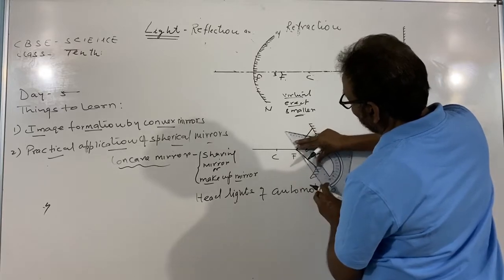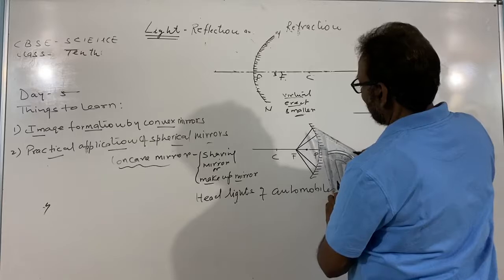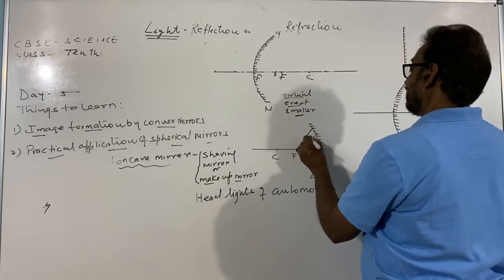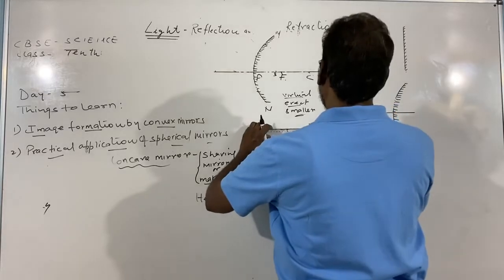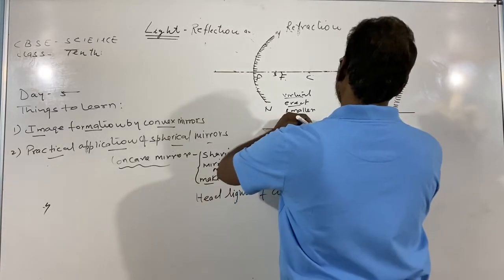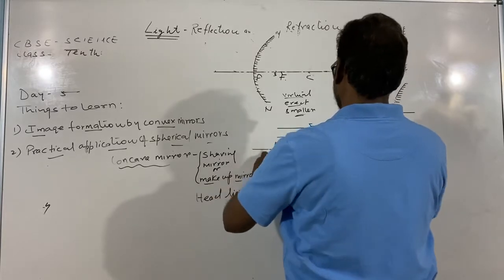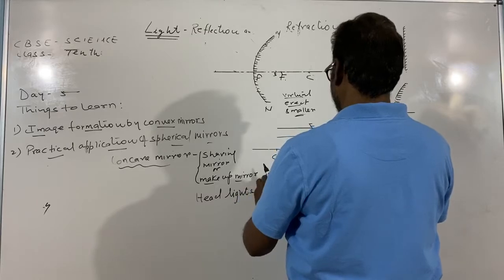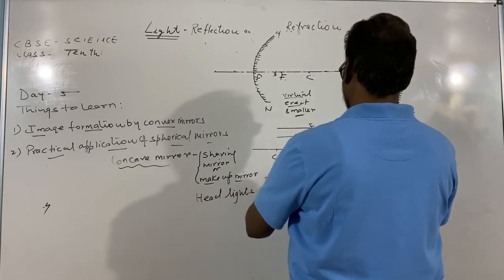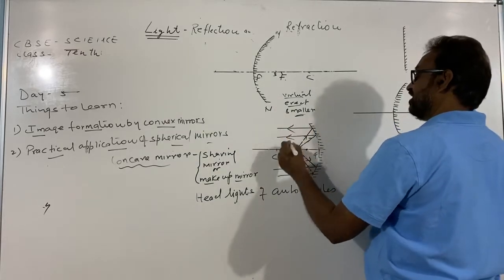Obviously, the light rays from the bulb are coming from the principal focus and therefore they are reflected parallel. And the result is that a large area, a long stretch of the road is illuminated.